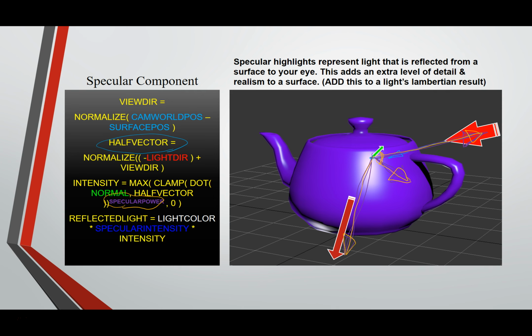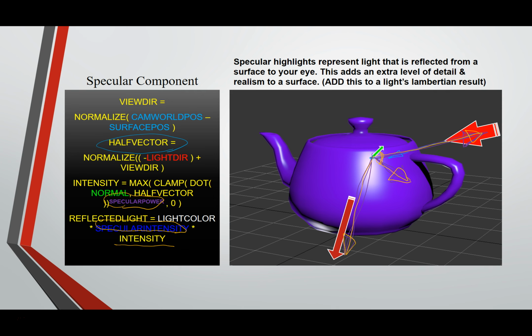Once we've computed our intensity, we can use it in the final calculation, multiply it by our light color. And there's another term called specular intensity. This doesn't control the shape of the highlight, this just controls how bright you want your highlights to be. Because remember, this is additional reflected light or bounced light that we are adding to our Lambertian term.